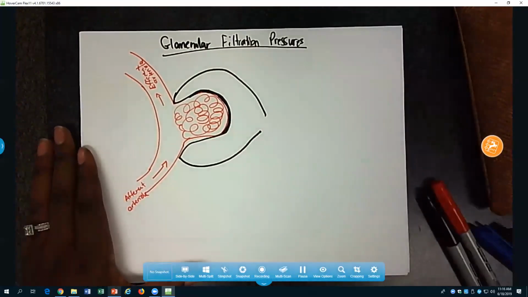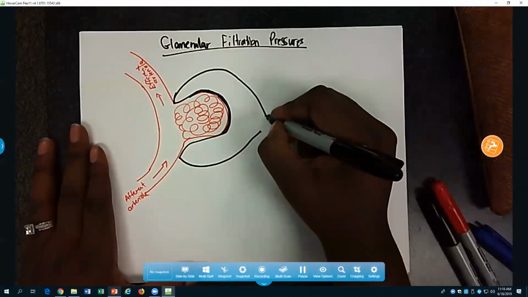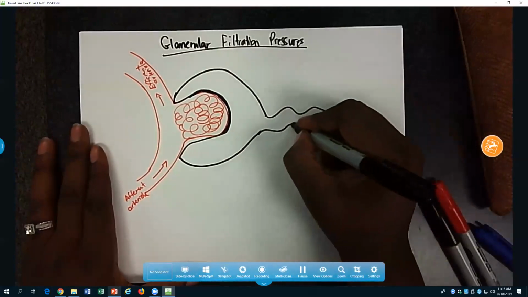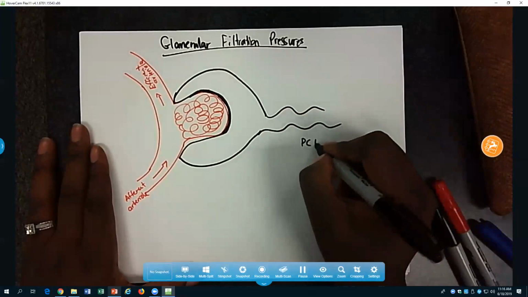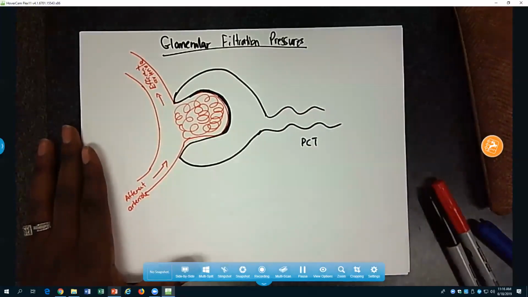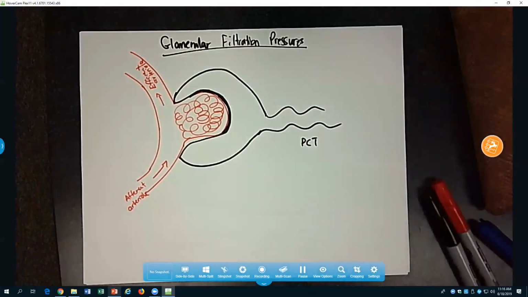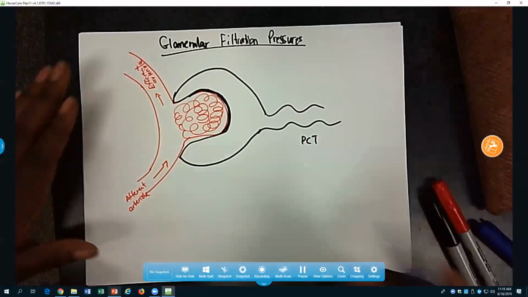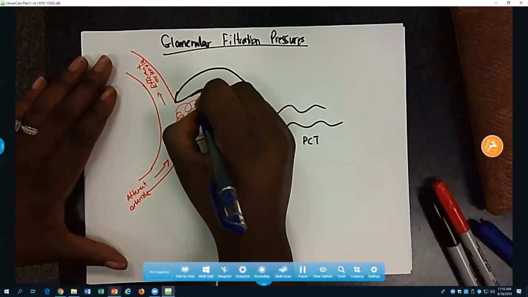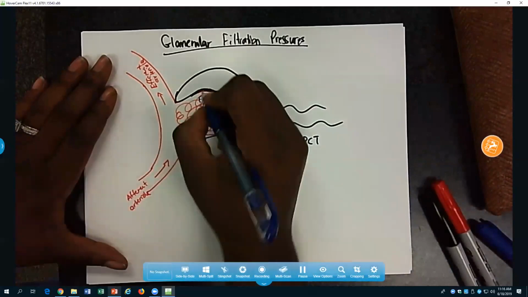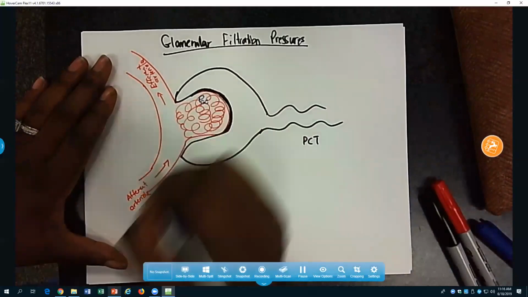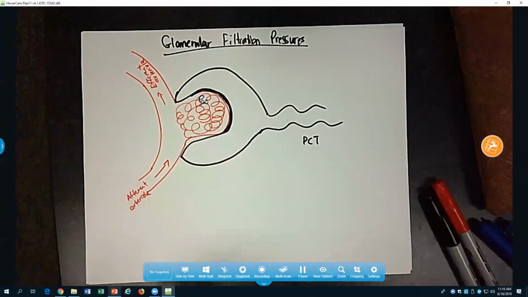Now let's talk about the pressures here. This continues on to become the proximal convoluted tubule, et cetera. Let's look at our pressures. The hydrostatic pressure in the capillaries is going to be represented by this. So let's write it out.